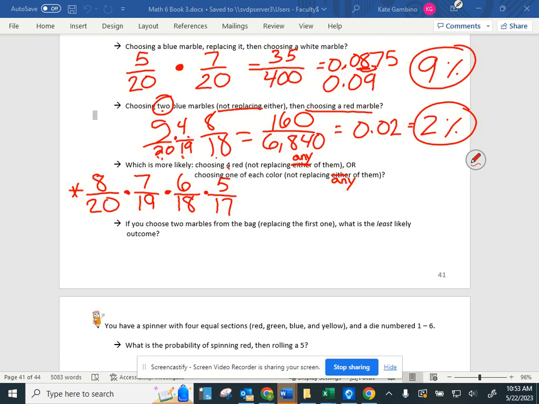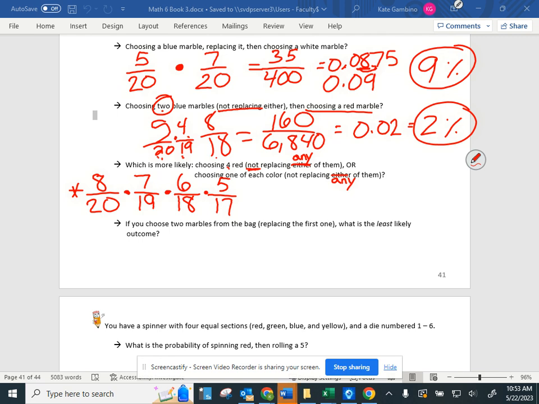Yeah, because we started with 8 red marbles. So every time I take a red marble out and I do not replace it, my number of red marbles goes down. So wouldn't it just be like, wait, what would you, so you start off with 8 red marbles and then you go down?